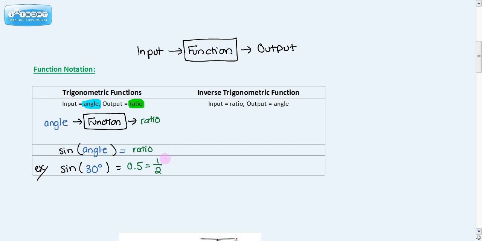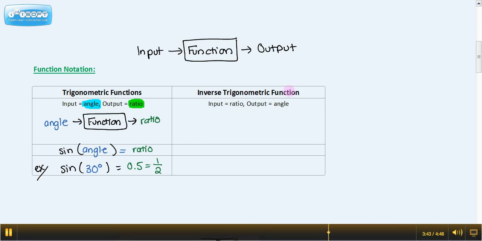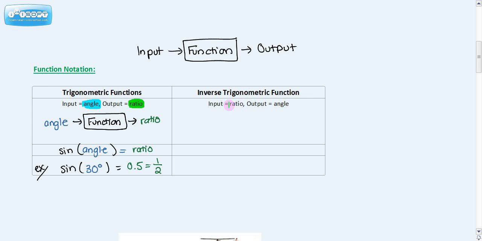Think very carefully what that 1 over 2 means in terms of the ratio in the triangle that we drew above. Now the inverse function, something we've also learned, is where we now switch our input and output. So our input is now the ratio and our output is the angle.